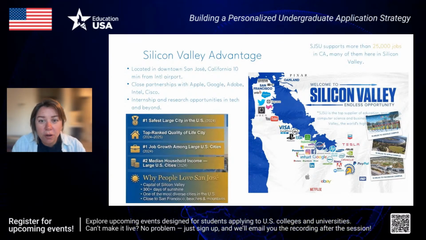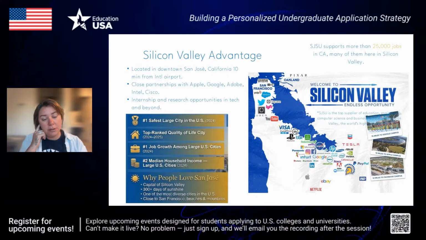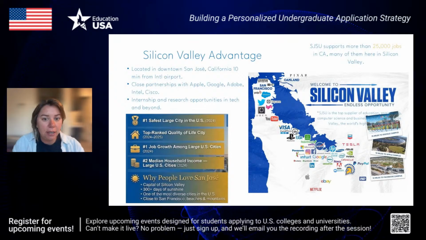The reason is because of over 25,000 jobs in California, San Jose State University helps support that. So we are the #1 public university for Silicon Valley hires. And the reason is because of our relationship that we have with many of these organizations and companies in the area.